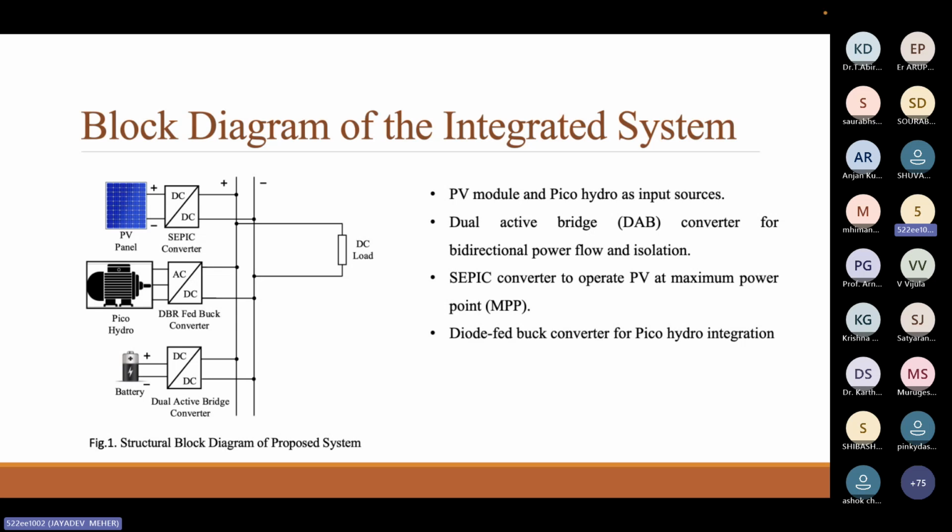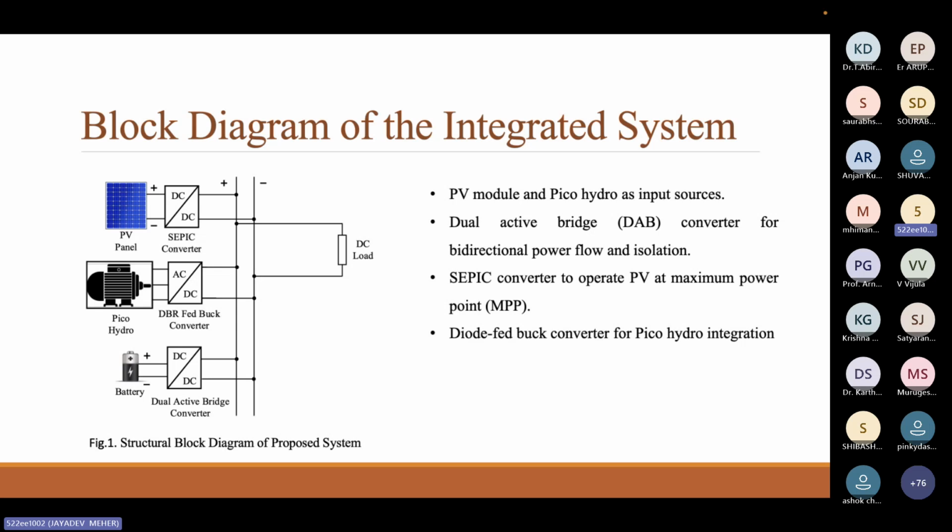PV will be integrated through its converter. Pico-hydro will be integrated to the DC link using a diode bridge rectifier fed buck converter. The battery is integrated to eliminate fluctuation or variation in the DC link voltage, to stabilize it, and we are using the battery through a DAB converter.